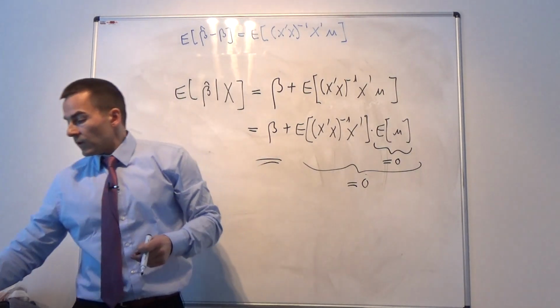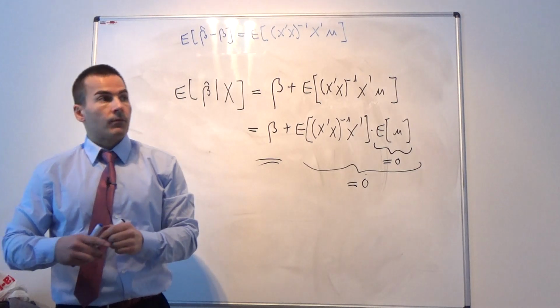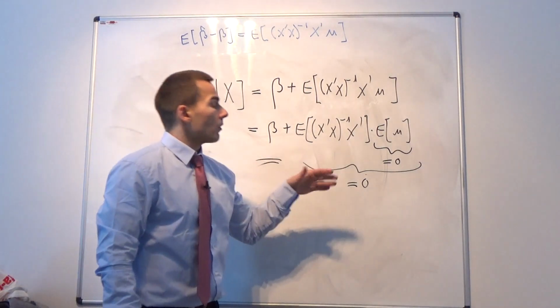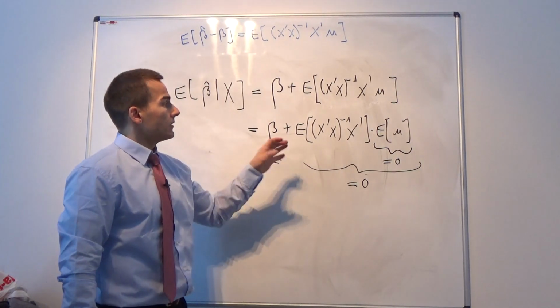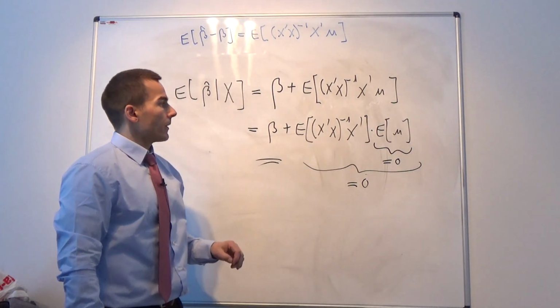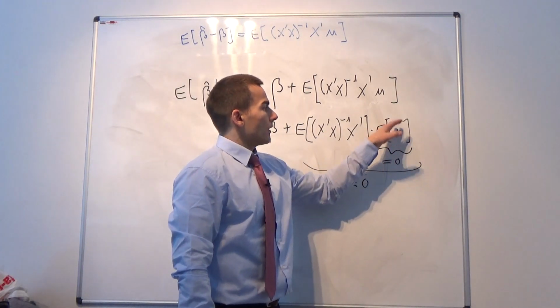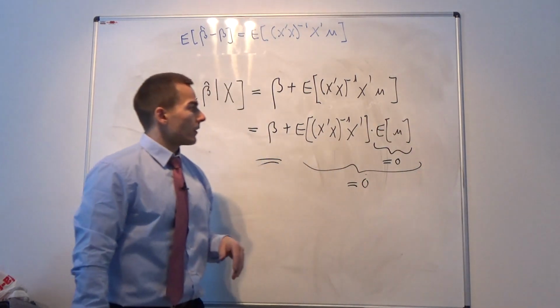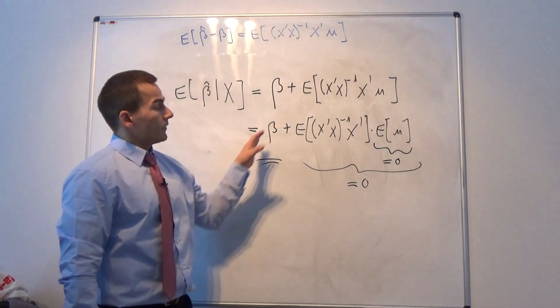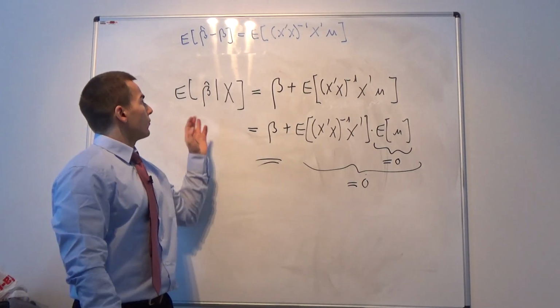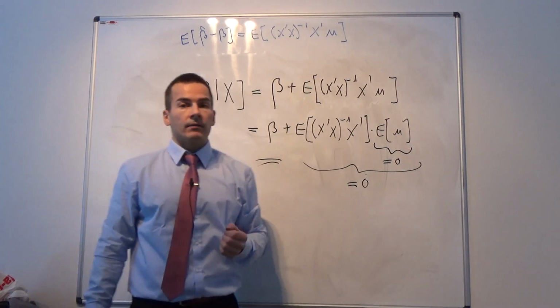It doesn't matter if X is random or not, as long as it's satisfied that the regressor matrix is uncorrelated with the error term, then we have the same result. Our OLS estimate for beta hat is unbiased.